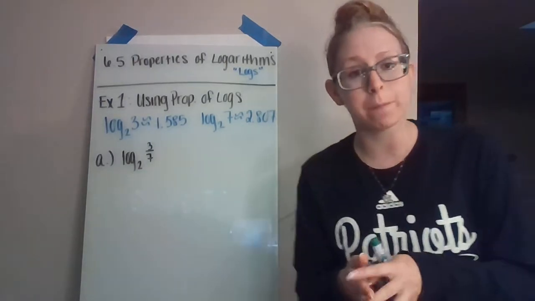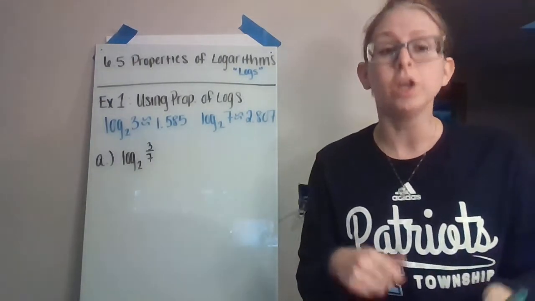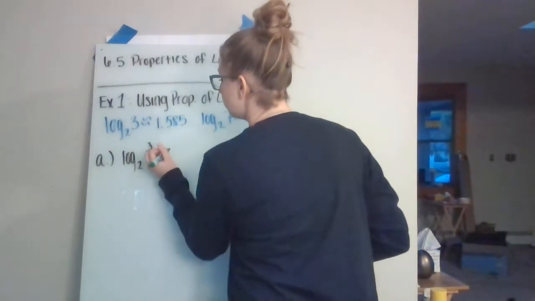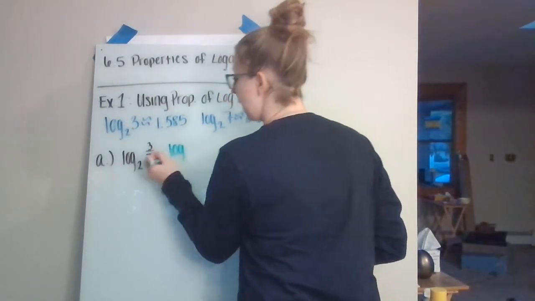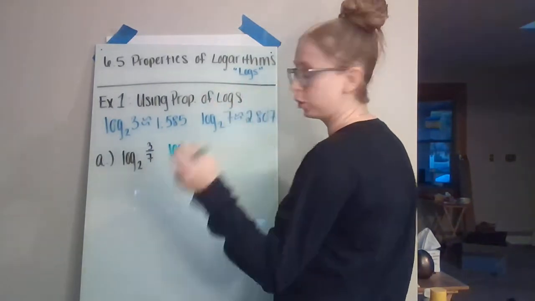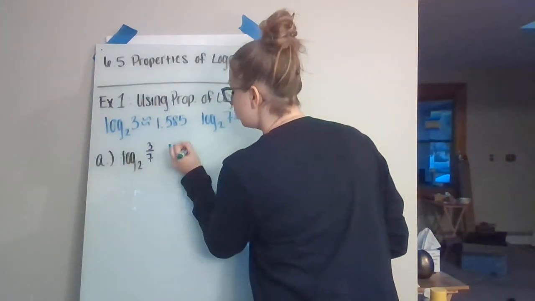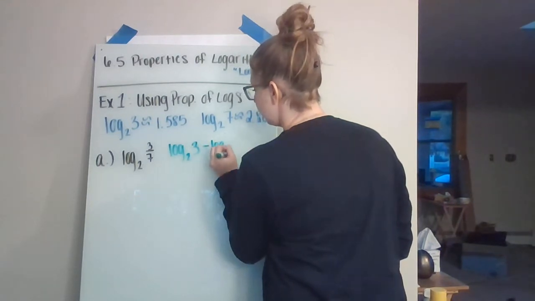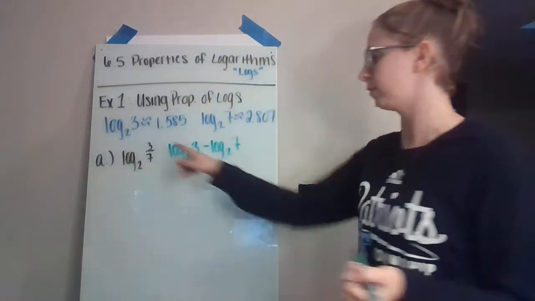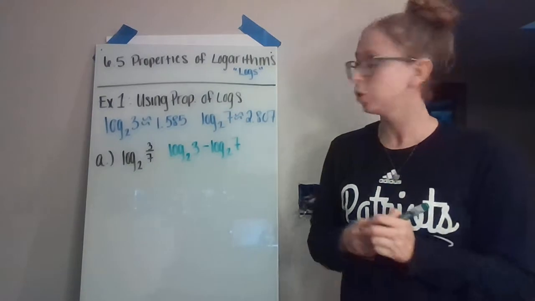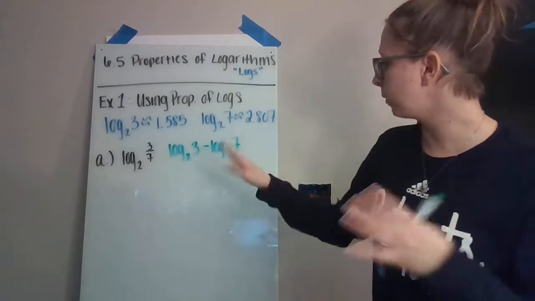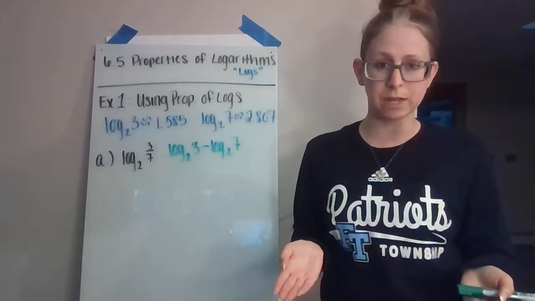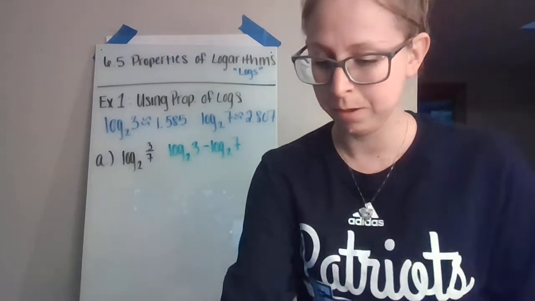And if you remember from the properties of logs, when you divide, you subtract. So let's expand this first. So this would break down into, remember, I have 1, 2, two numbers, so I should have two things. Log base 2 of 3 minus log base 2 of 7, because when I divide, I subtract. So now that I know that it's just log base 2 of 3 minus log base 2 of 7, I can just plug in the numbers I already gave you and just do the simple math.